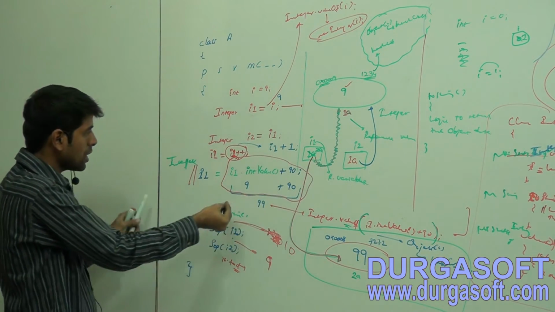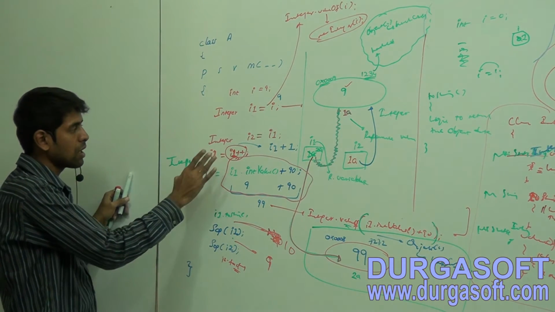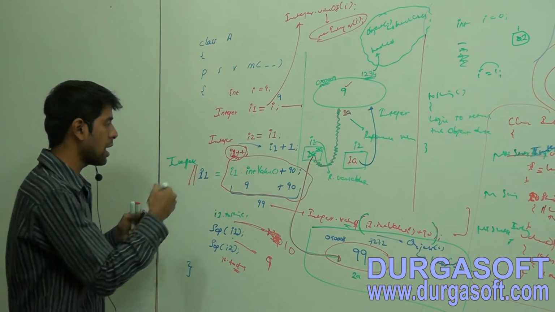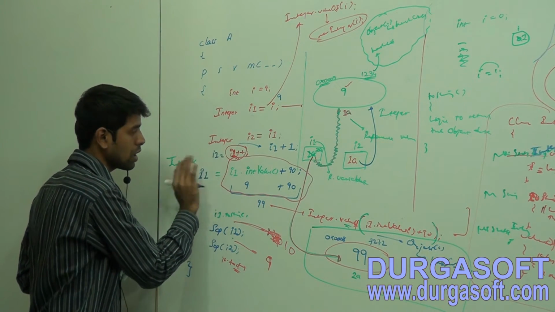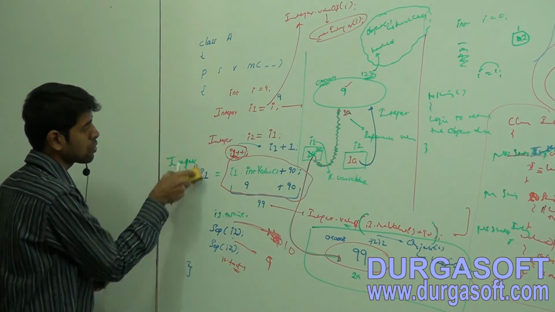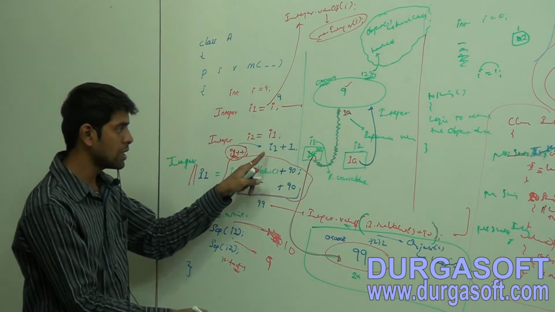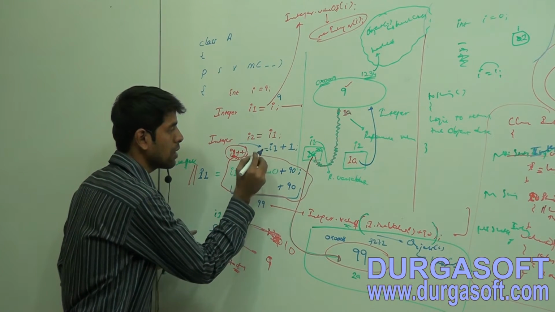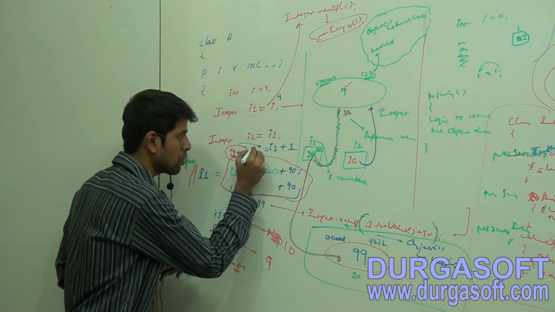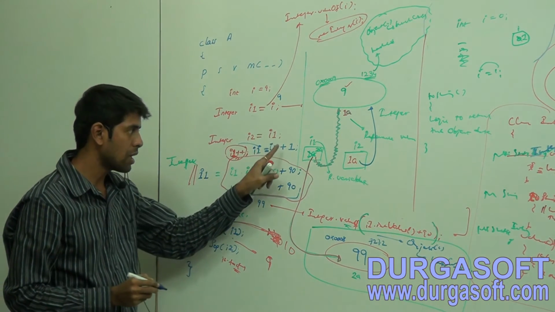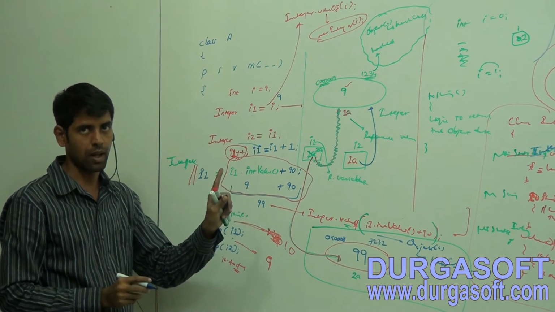To whom will 10 be assigned? I am sorry, I1 should not come here. So what is the equivalent expression for this statement? I1 plus 1 assigned to I1.